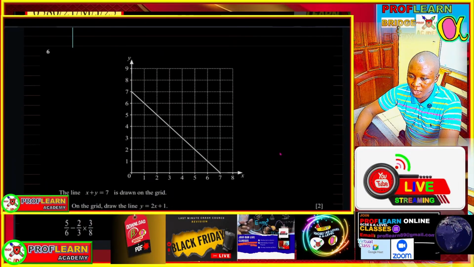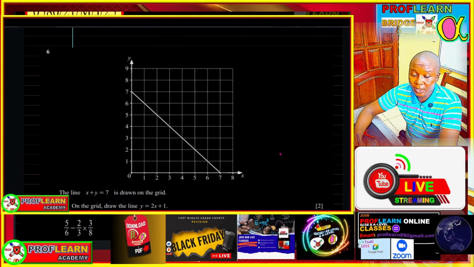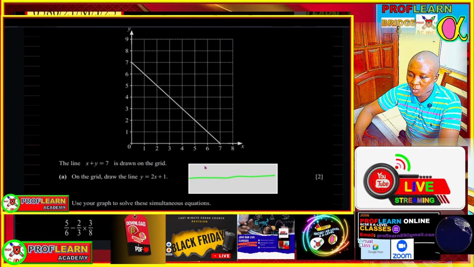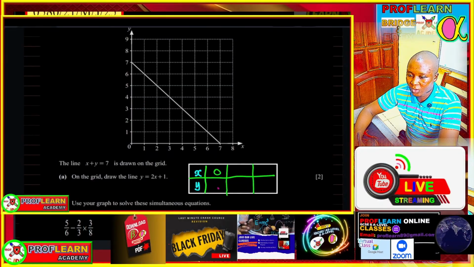Question 6, we are supposed to draw on the grid the line y equals 2x plus 1. We add another line, y equals x plus 1. Then for you to sketch a straight line, what you need to do is to come up with a table of values, x and y. So if x is 0, y is going to be what? This is going to be 1.